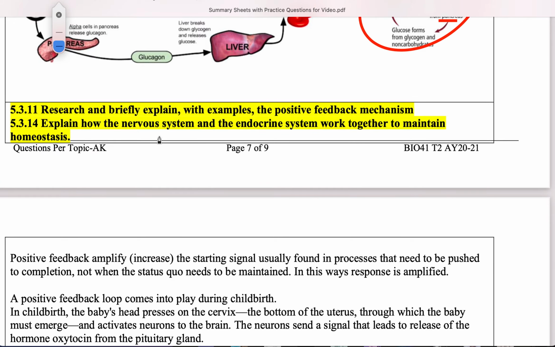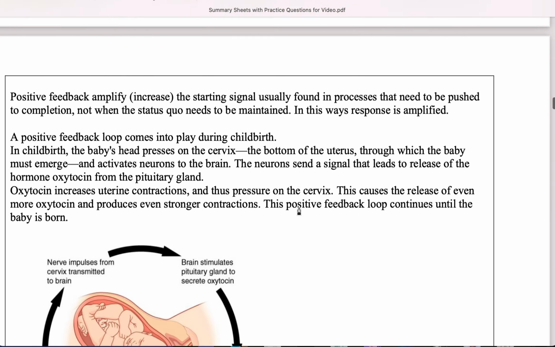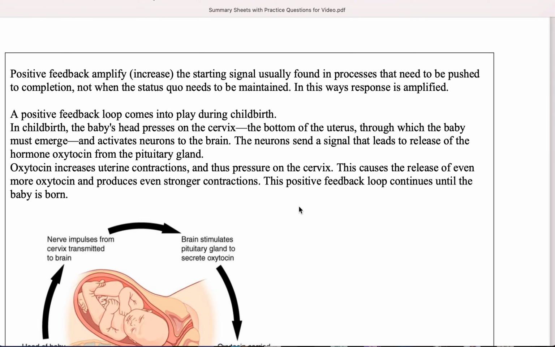Last two KPIs for this one: how the nervous system and endocrine system work together, and how positive feedback works. We discussed that positive feedback is totally opposite to negative feedback. In negative feedback, we bring things back to normal. But in positive feedback, the starting signal amplifies.